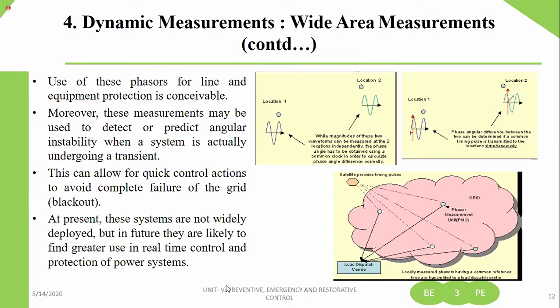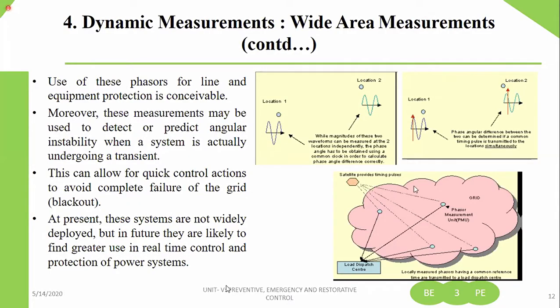Then looking at your waveform, you can say that here it is a delta 1 value, say 90 degrees, and here it will not be 90 degrees, some other value. Then you can measure this, find delta 1 minus delta 2, and then estimate the power system state.